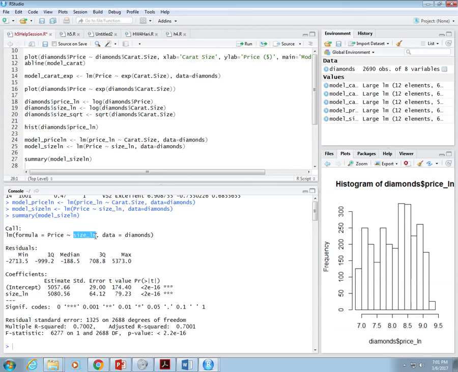So any prediction you make from that model, you need to exponentiate the results to get price in dollars. Because you have some weird log dollars as your units from that model, which no one uses, log dollars.